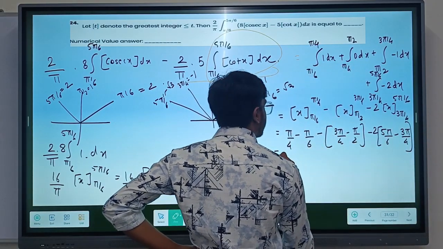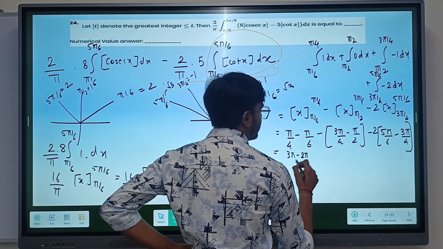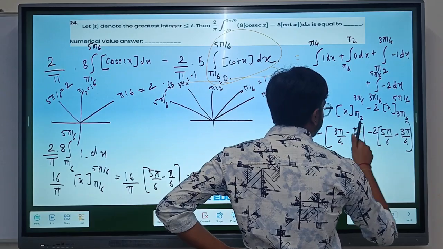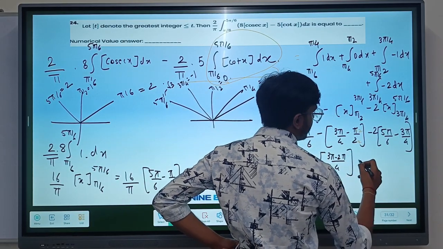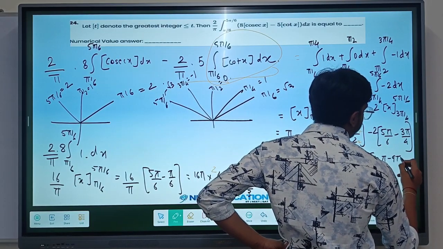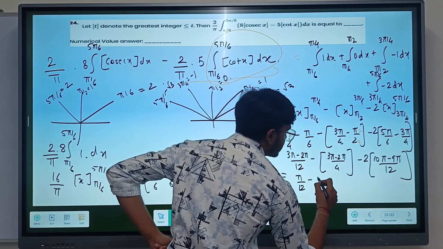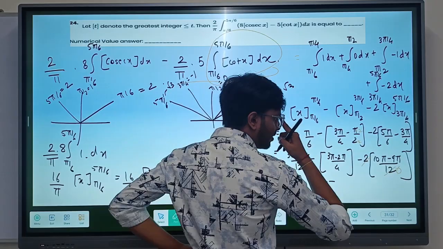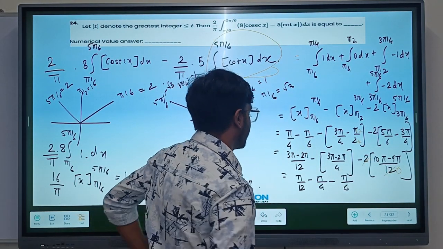So if I keep on taking LCM, pi by 4 and pi by 6 gives 3 pi minus 2 pi by 12, minus of 3 pi minus 2 pi by 4, minus 2 times 10 pi minus 9 pi by 12. So this will be pi by 12, this will be pi by 4, minus pi by 6. LCM again would be 12.